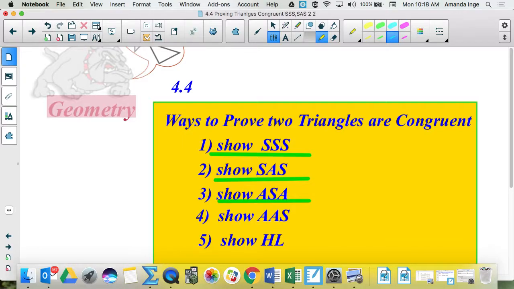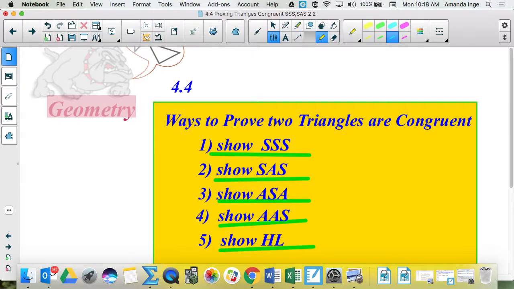If those are congruent, then the triangles are congruent. Next we have angle angle side, where if you show 2 angles and a side that is not included are congruent to the corresponding parts, then the triangles are congruent.